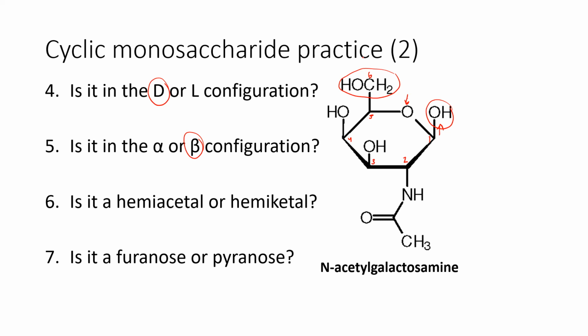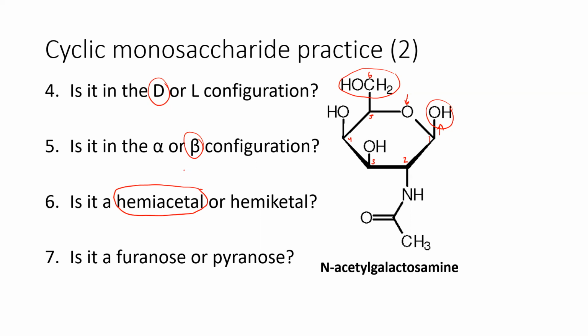I'm not 100% sure. Okay, go for it. Would it be a hemiacetal because the original sugar was not a keto sugar, if that makes sense? Yeah, exactly. One way you can think about this is, if you draw the sugar in the linear form, would it be an aldehyde or a ketone? And like you said, when the sugar is linear, it's an aldehyde. So when you cyclize it, it becomes a hemiacetal.